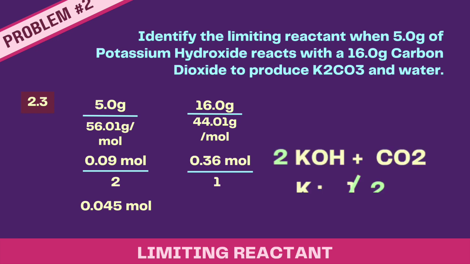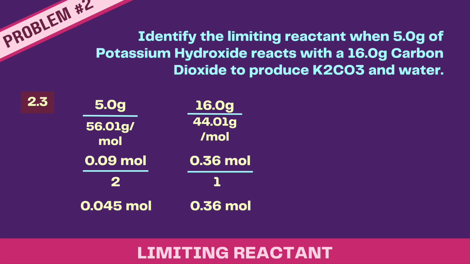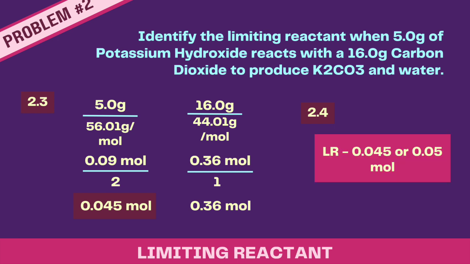CO2 has no coefficient, but still, if you want to divide it by 1, the answer would be 0.36 mole. Next, the smaller number is the limiting reactant. Therefore, 0.045 or 0.05 mole of KOH is the limiting reactant in this problem.